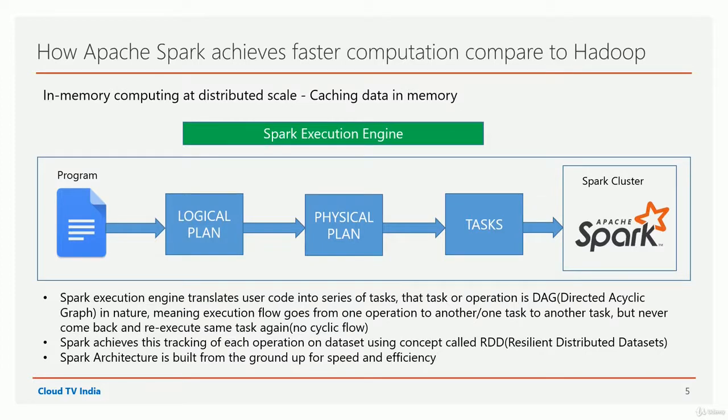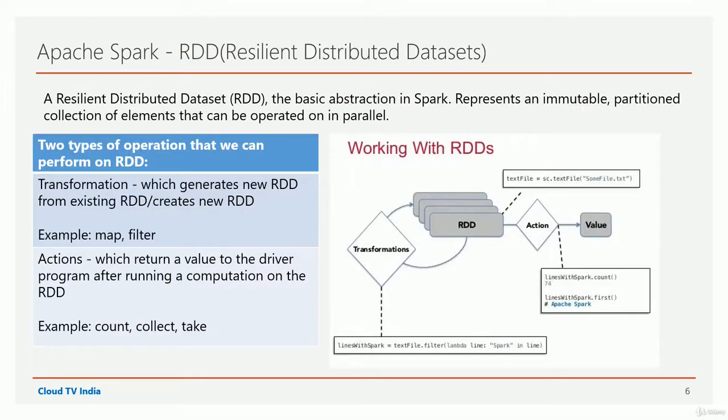When I say RDD, as I told you in the previous slide, RDD is a resilient distributed dataset. Whatever data is in an RDD is immutable. You cannot modify it. If you load data into one RDD, from that RDD you can do some operation and derive a new RDD.